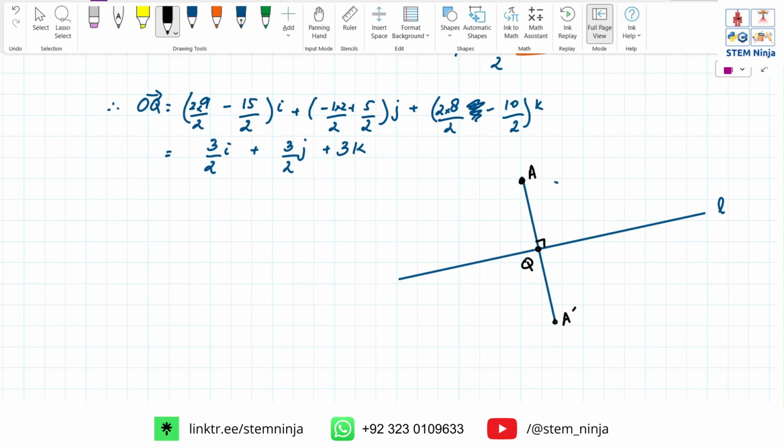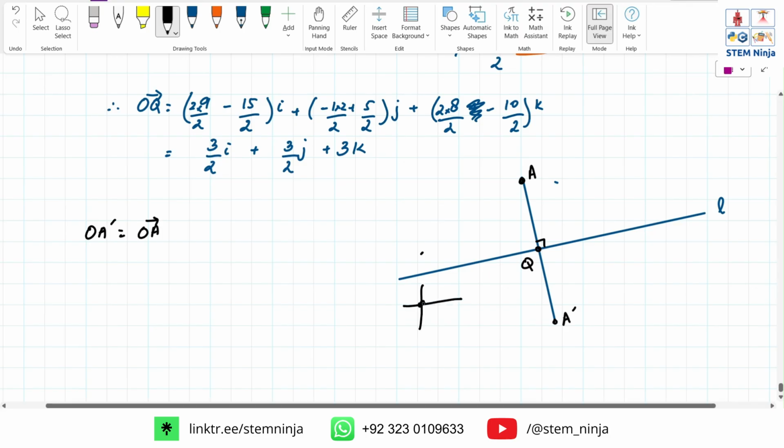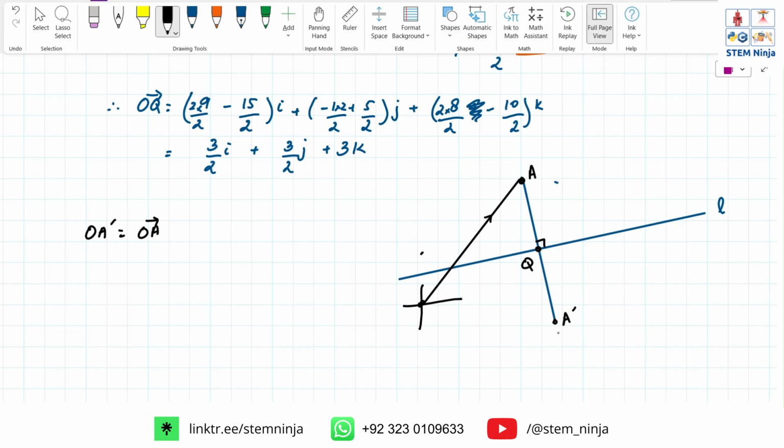Right. Now, to find out the position vector of A dash, we can go to OA first. Let's say, for example, if this is origin. So first we can go to OA, and then from A to A dash.